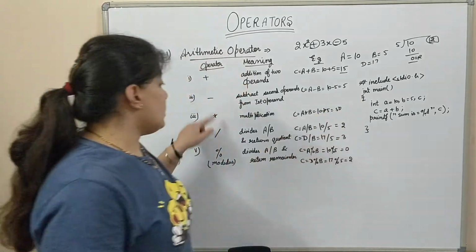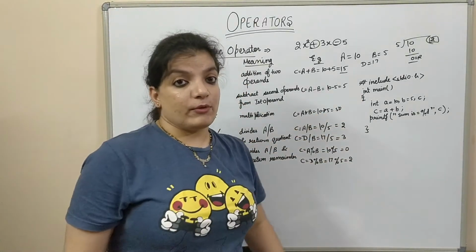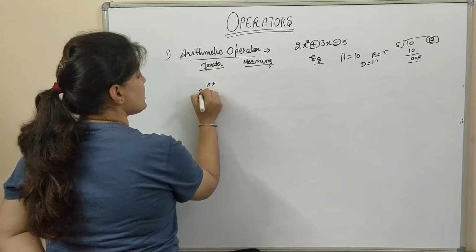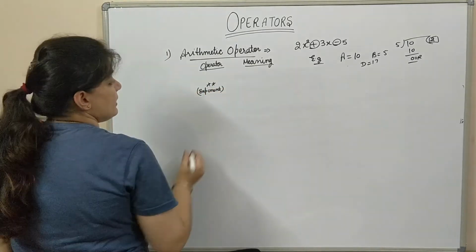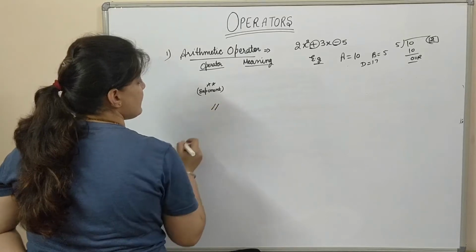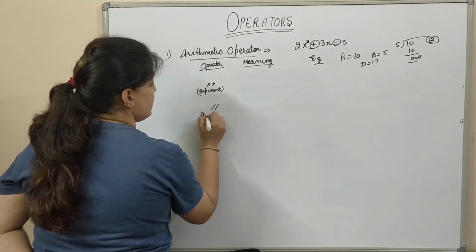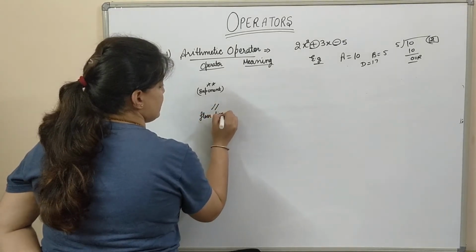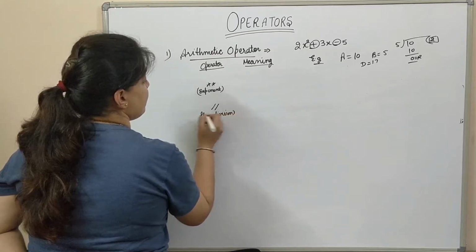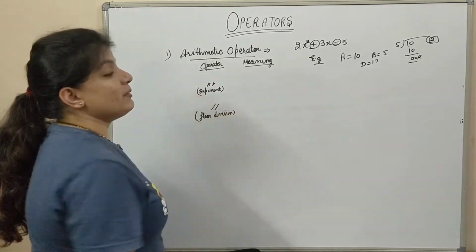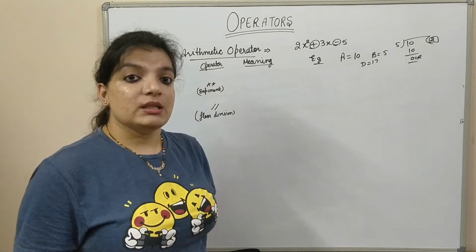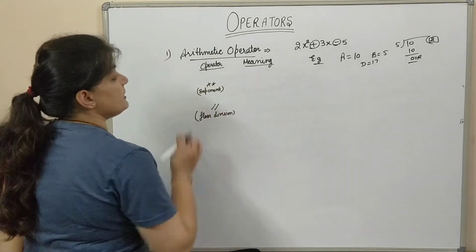You can use all these operators in one program also. The names are the exponent operator, and the other one is this double slash, whose meaning is floor division. Now one by one I will explain these two. What is the purpose of this exponent operator, that is double multiply?